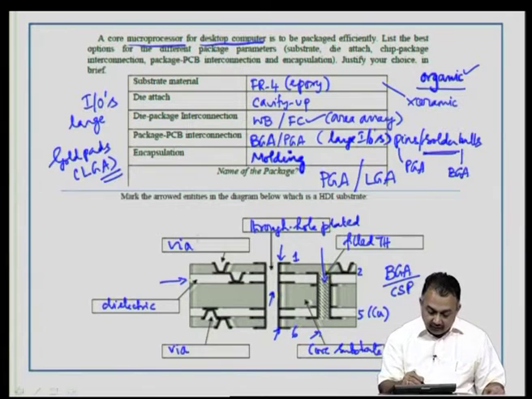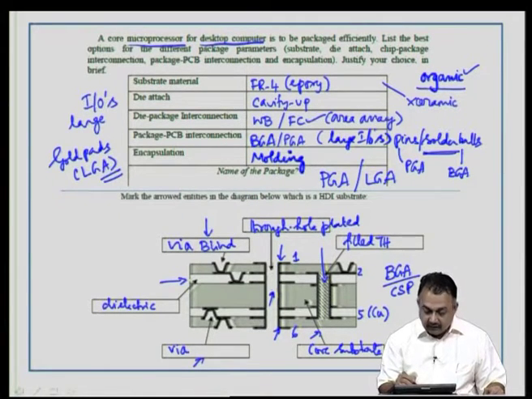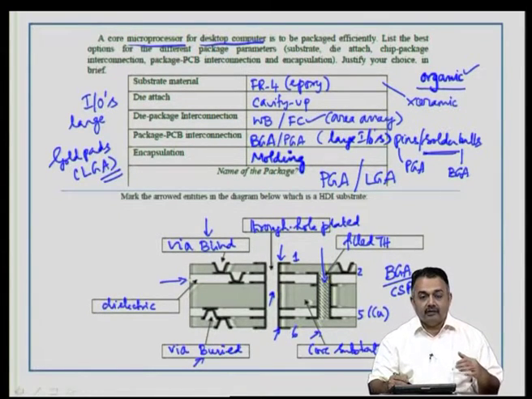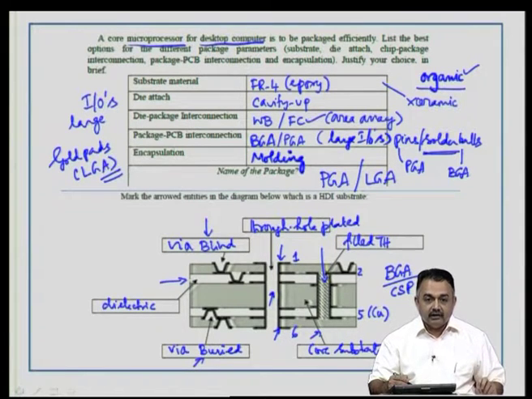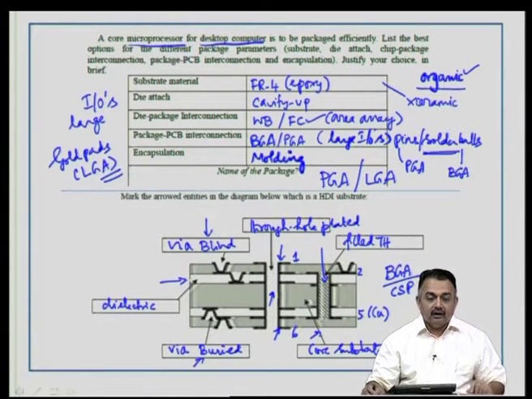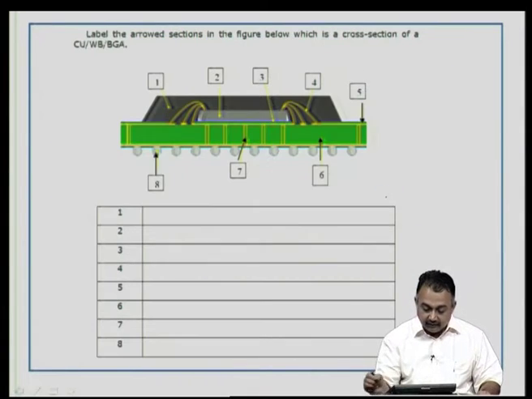Now, the difference between this via and this via is that this is a blind via, because the via is opening from the top and ends at the second layer, whereas here this is a buried via, because after generation of the via it is embedded inside the substrate, therefore, it is a buried via. So, these buried and blind vias are very difficult to repair and rework once they are assembled together during fabrication. So, this is for a HDI substrate.